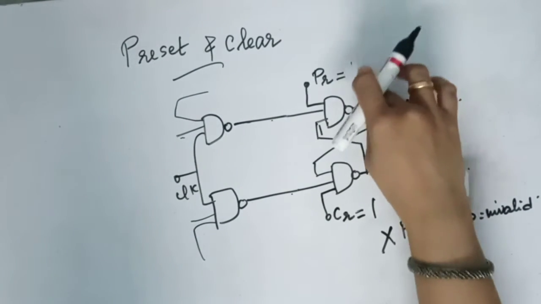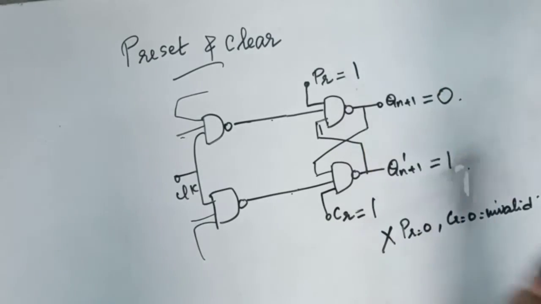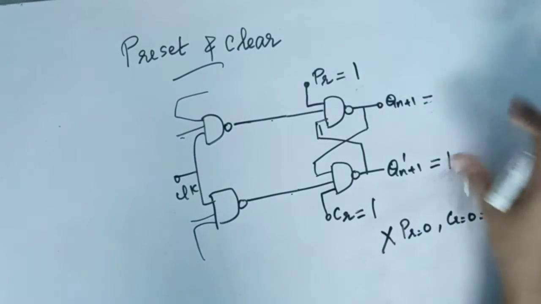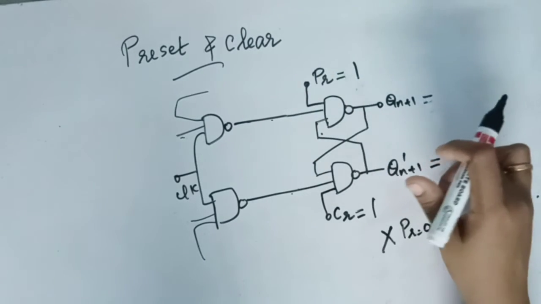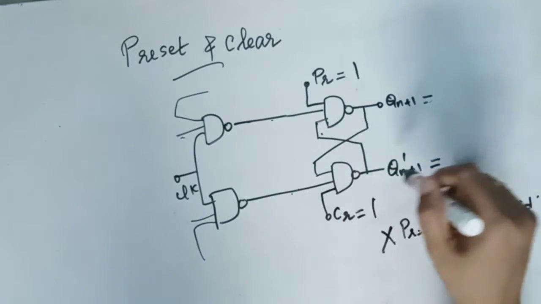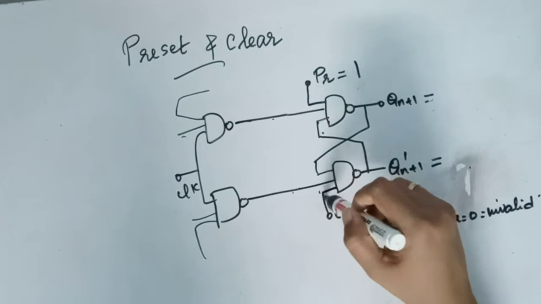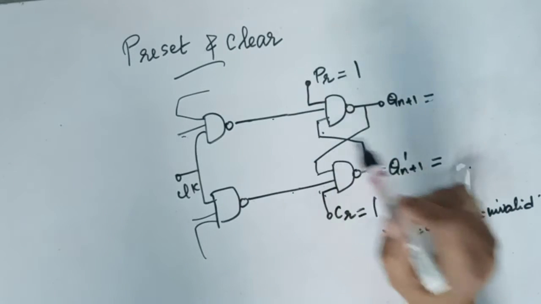Suppose preset and clear both are equal to 1. If both preset and clear are equal to 1, then it will depend on the other inputs. The output will depend on the other inputs.